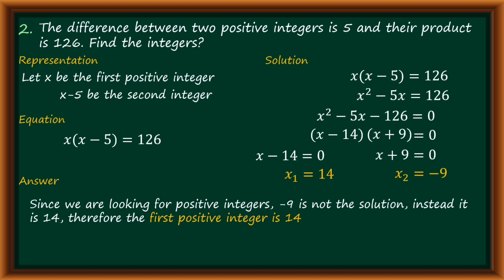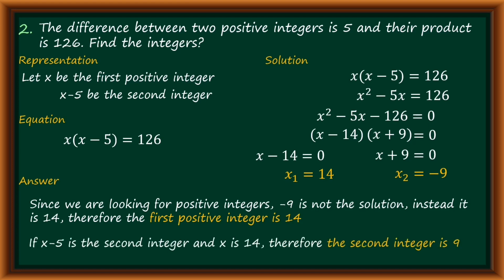Since we're looking for positive integers, negative 9 is not a solution. Instead, it is 14. Therefore, the first positive integer is 14. If x minus 5 is the second integer and x is equal to 14, therefore the second integer is 9.